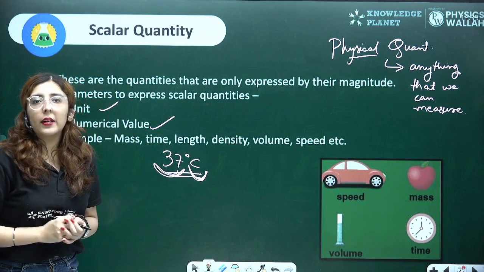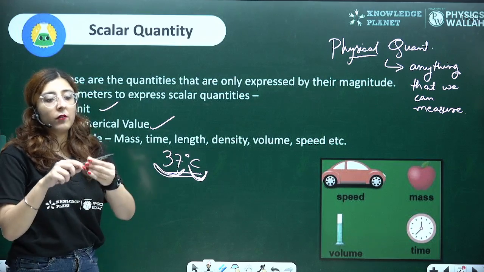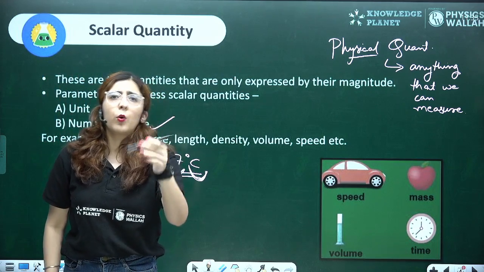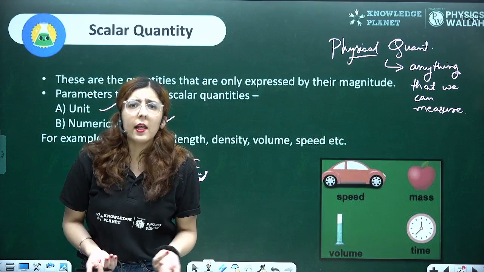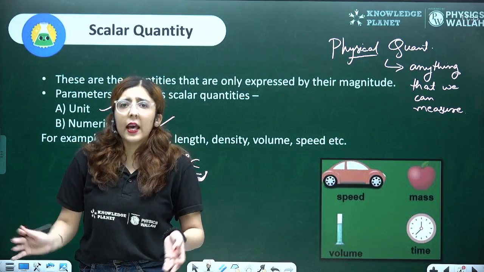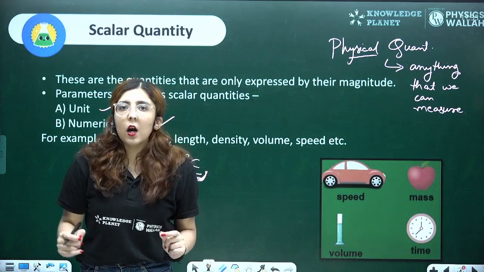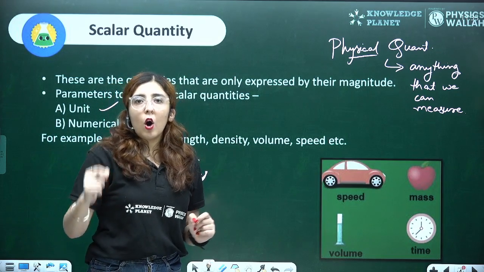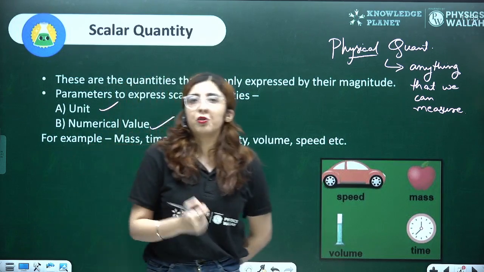Similarly, if I tell you that the length of this pencil is 15 centimeter, you are going to say, okay ma'am, 15 centimeter length. I am not specifying 15 centimeter in south, in north, in east. So in scalar quantity, we are not giving any importance to direction. We are only sticking with unit and numerical value.